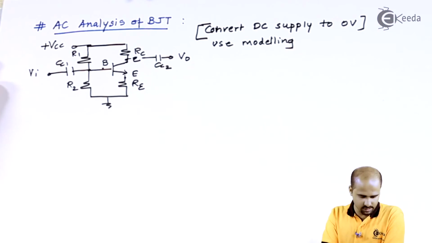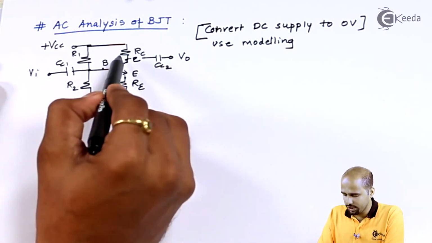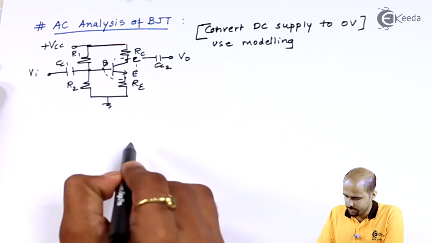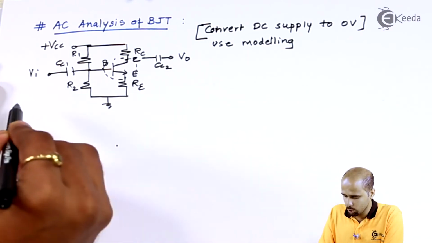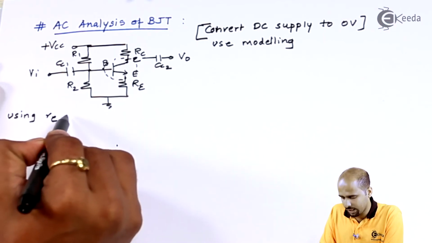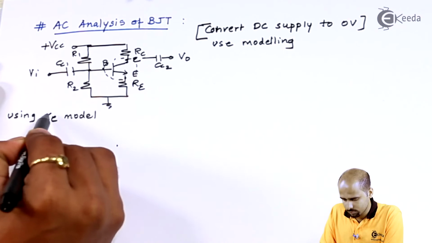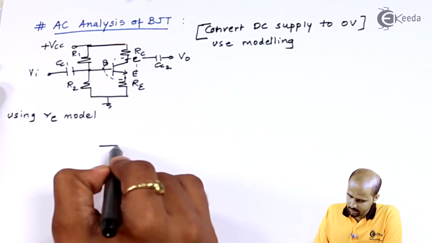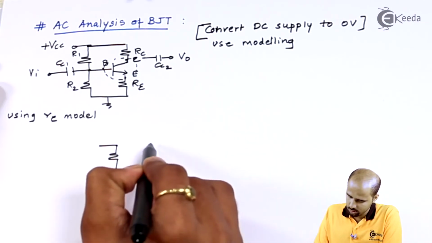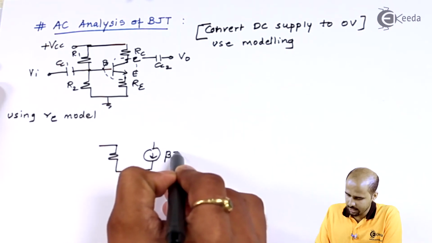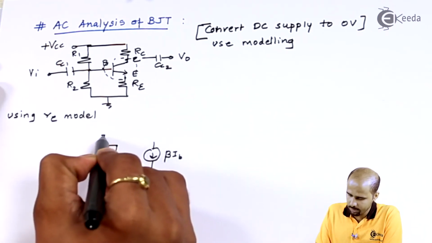Okay, so let us first try to model only this particular part, that is nothing but the BJT. So we'll start over here. We know that we will use the re model first. If I'm using the re model, then this will look like your BJT re model, where this is your beta IB and this is your IB.